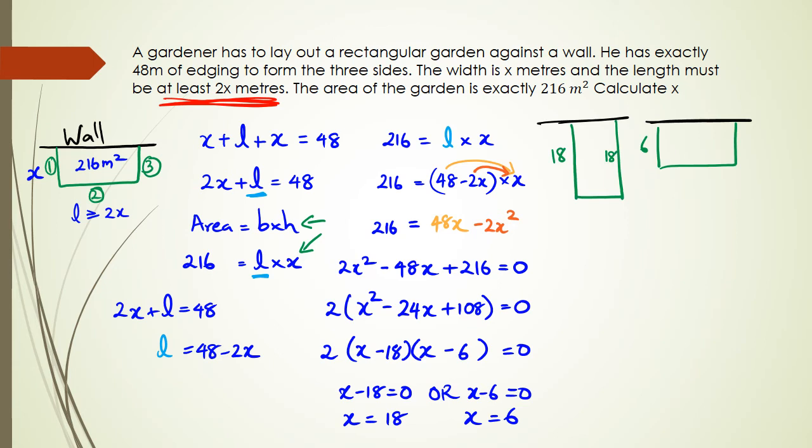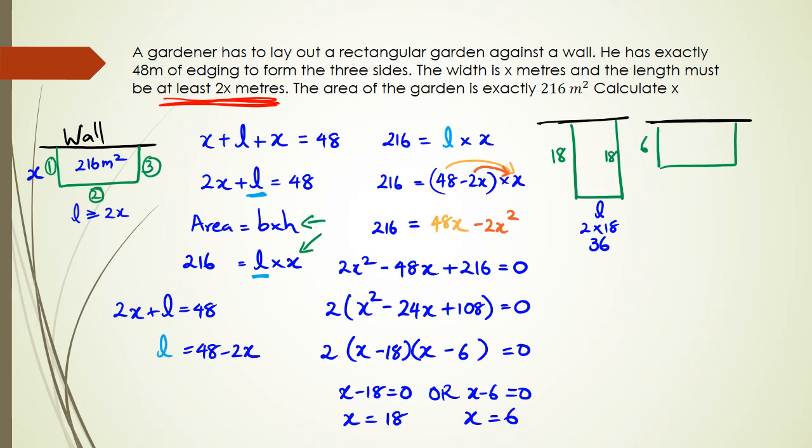But if you look at that red line, it says the length must be at least 2x meters. So 2 times 18, because remember this is length, would actually be 36.